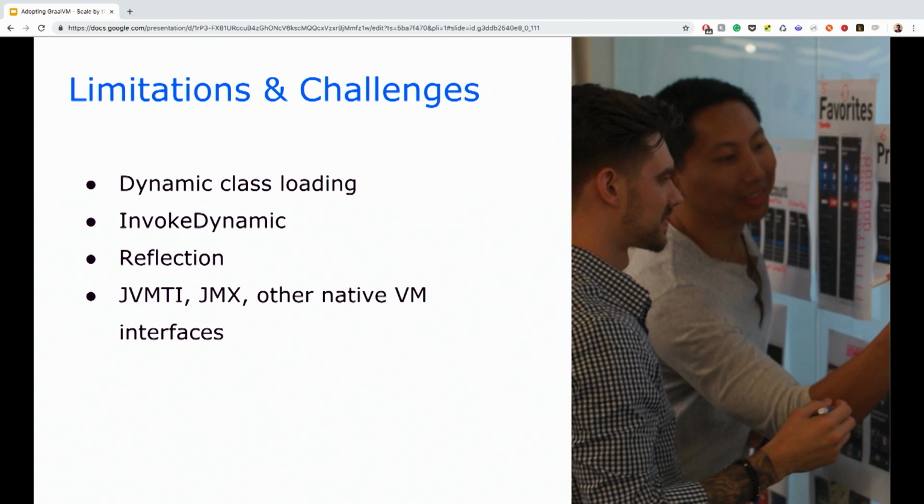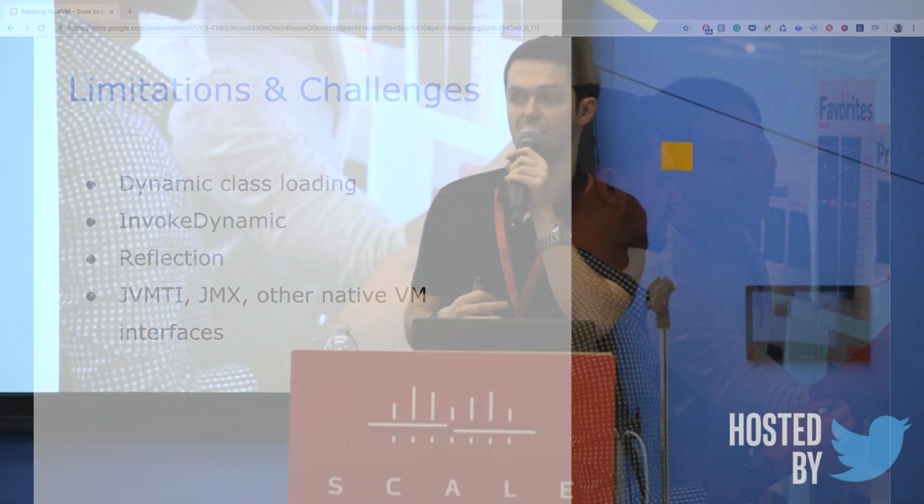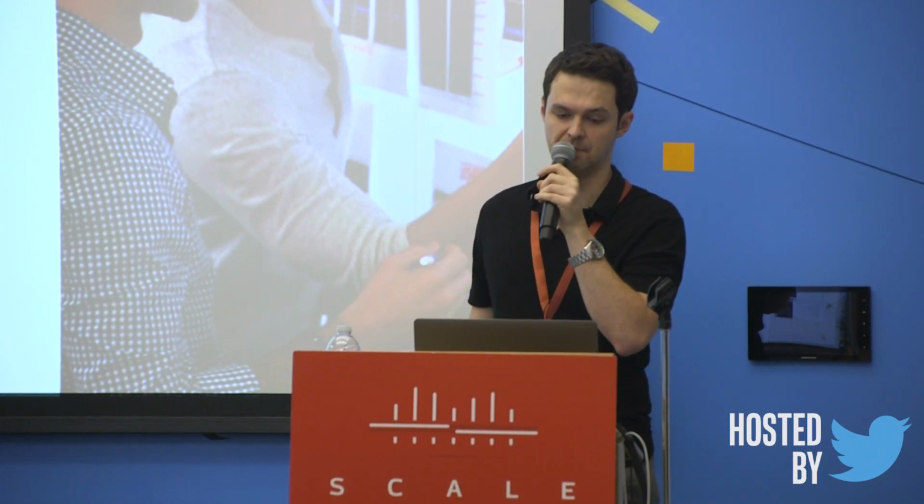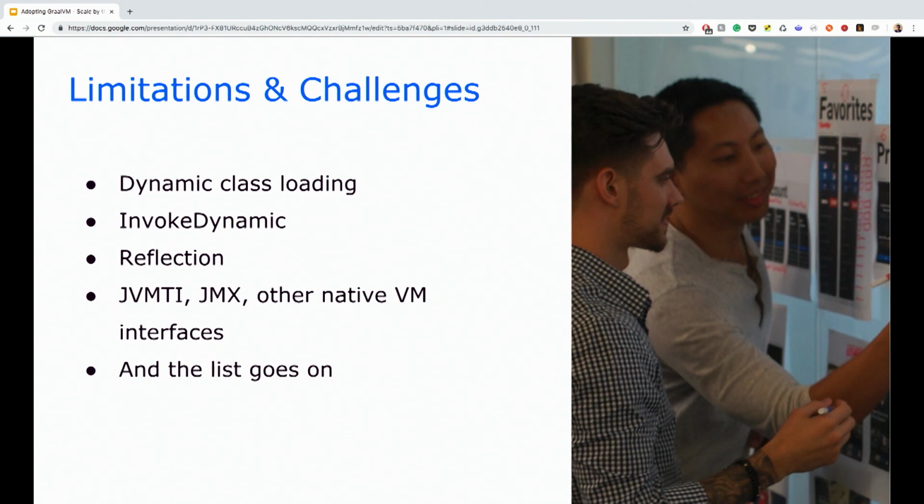Or JVM TI, JMX, and other native VM interfaces: these management and debugging APIs require access to Java bytecode, which is no longer available at runtime. And so on. I have the link to the corresponding Substrate VM page in the references section, and I would definitely recommend going through it, so you won't get surprised later.